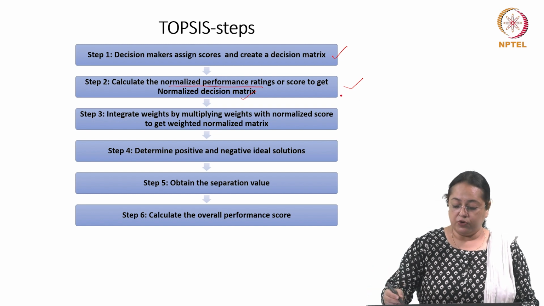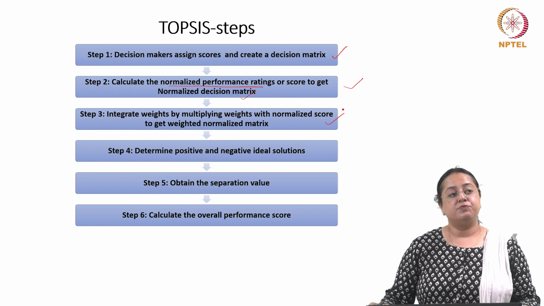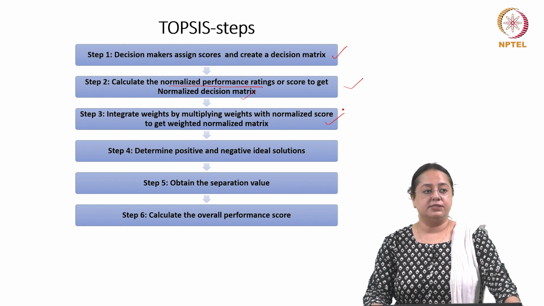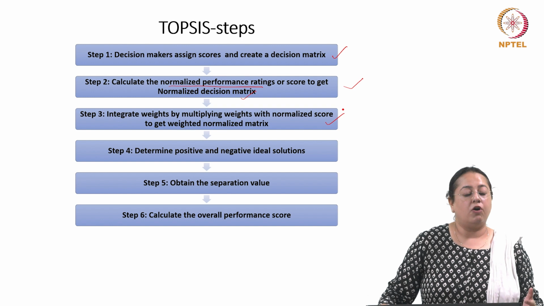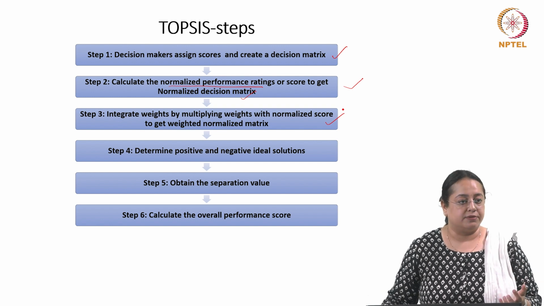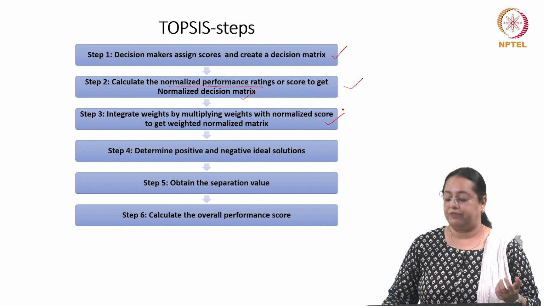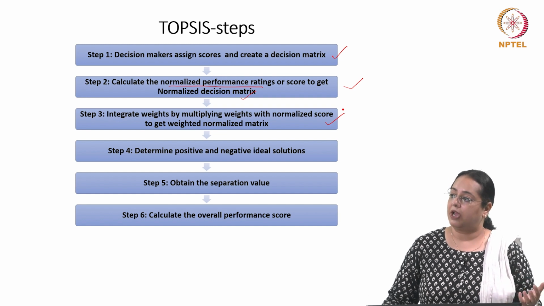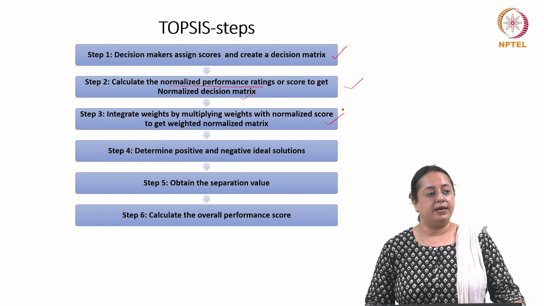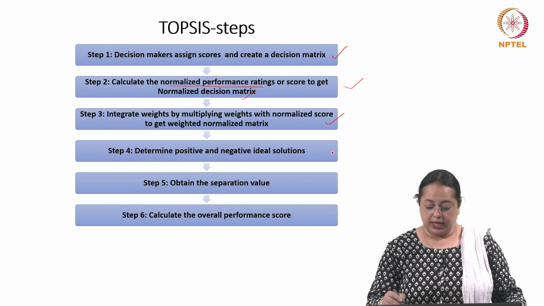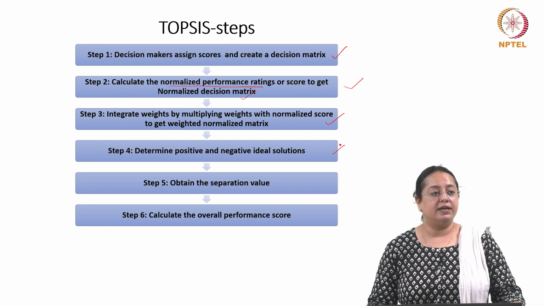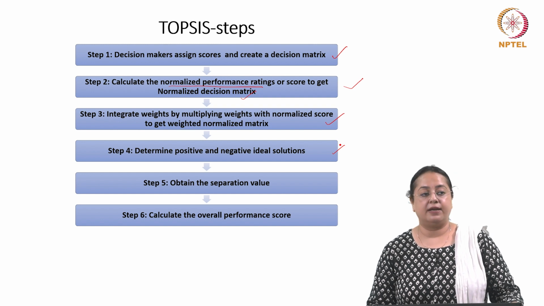Once we normalize, it is very important to have weighted scores, because for any organization all the attributes might not carry equal priority. They might have different priorities, so based on the priority we can assign weights so that we can get weighted normalized scores.